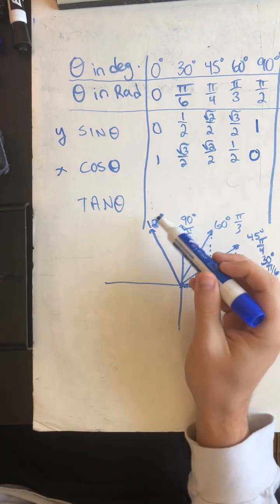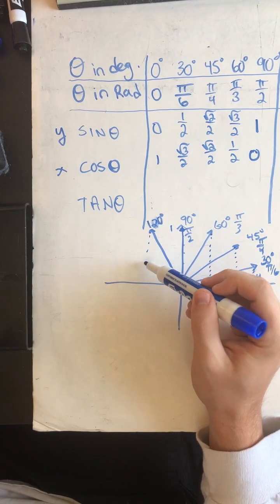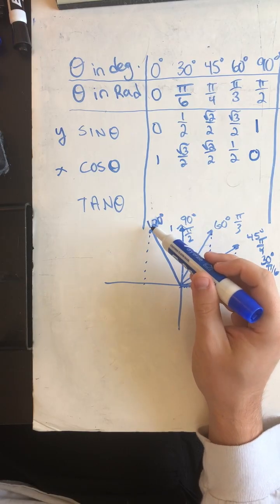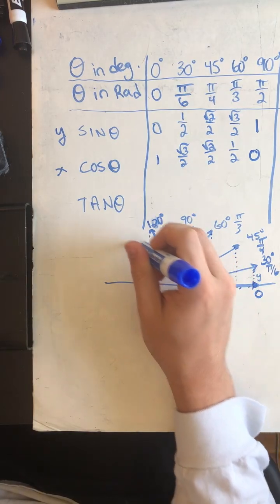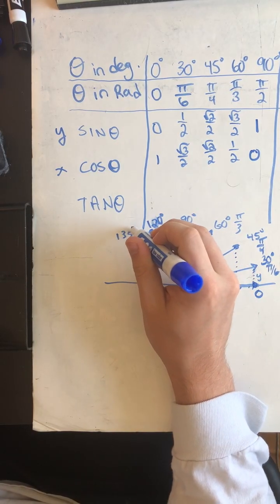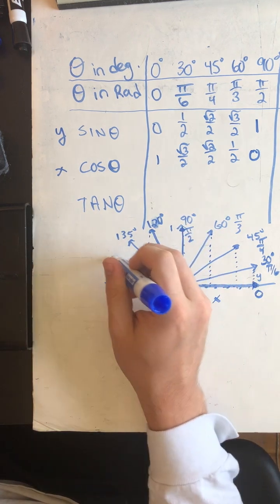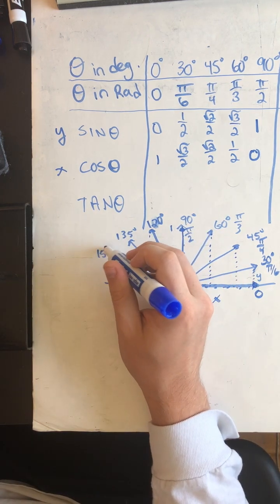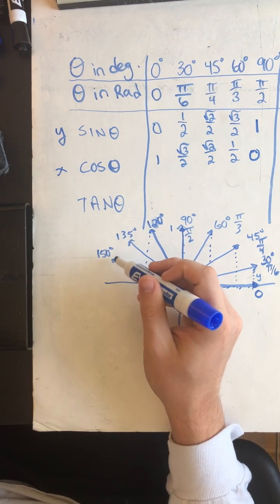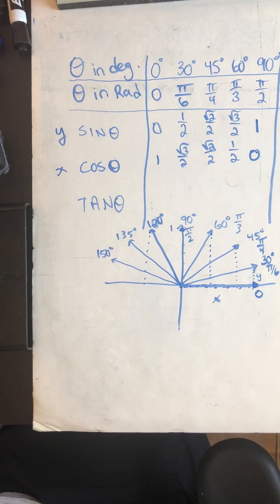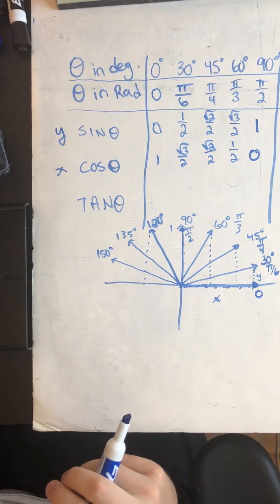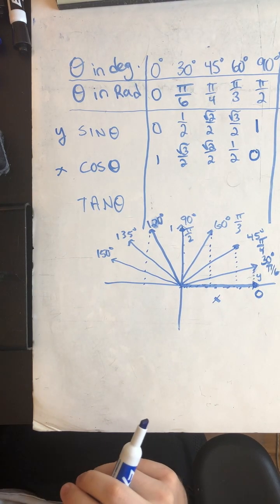If I'm at 120 degrees here, that's the same thing as 60 degrees, because it's 180 minus 120. And then if I did 135, that's 45 degrees. And then if I'm at 150, I'm at 30 degrees. Same thing holds for our radian reference angles as well, but we'll see that a little bit later on.